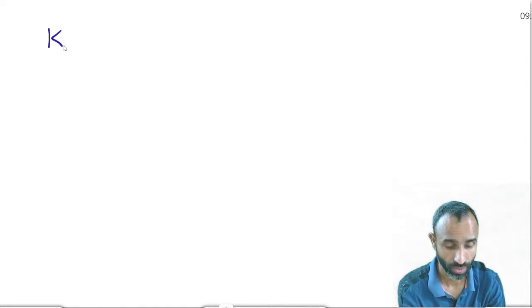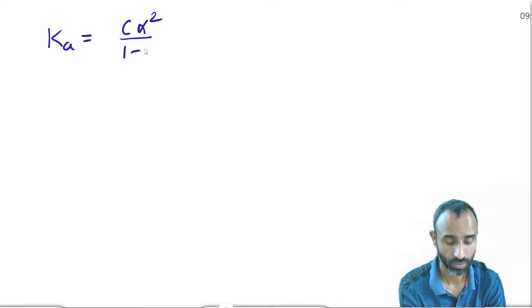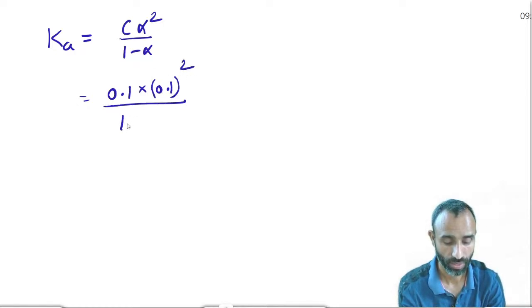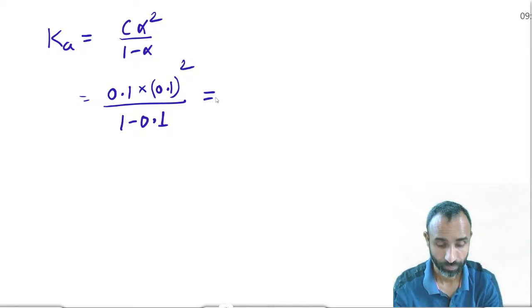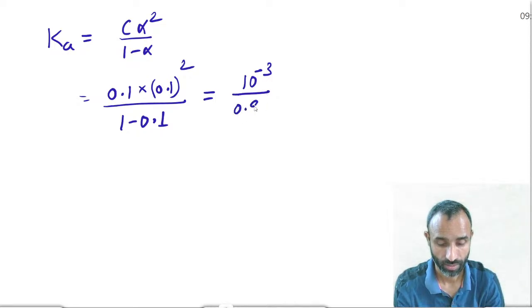So in this way, Ka equal to C alpha square over 1 minus alpha, that is 0.1 into 0.1 raised to power 2 divided by 1 minus 0.1. So the value is 10 raised to power minus 3 divided by 0.9.